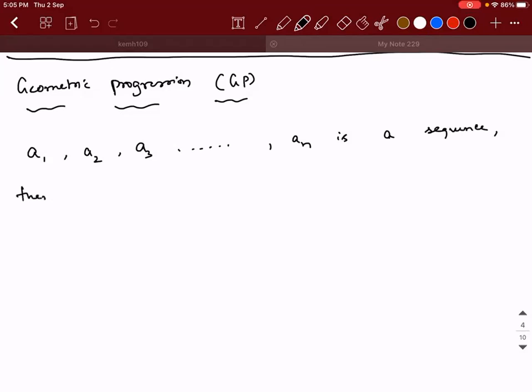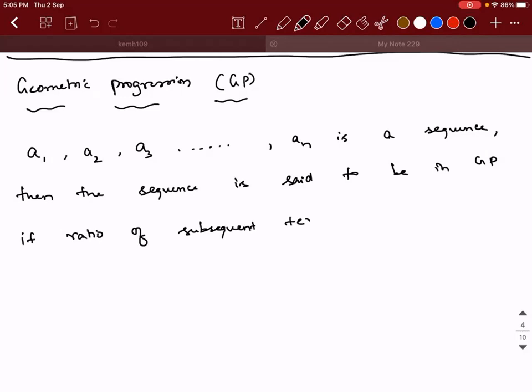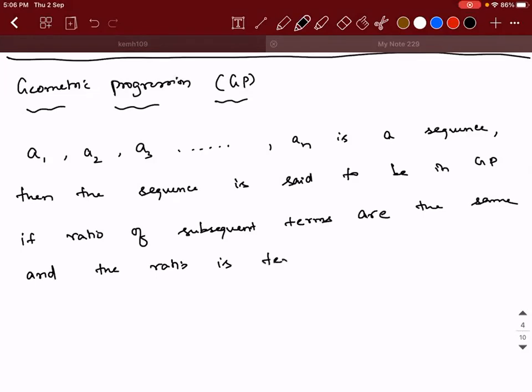The sequence is said to be in GP if the ratio of subsequent terms is the same, and the ratio is termed the common ratio, which is represented by the symbol R. This is the definition.